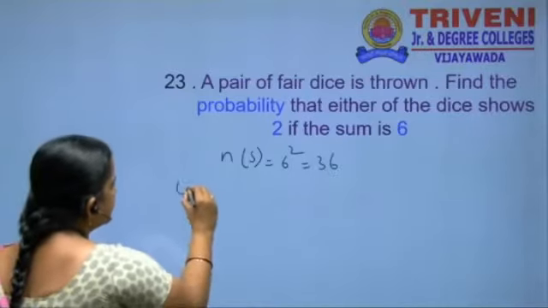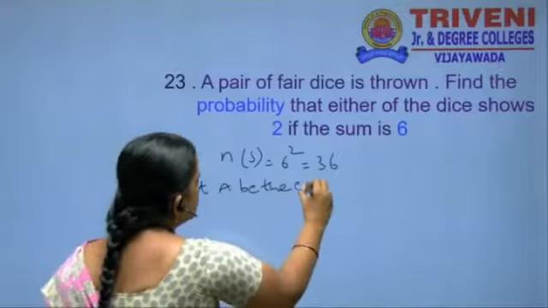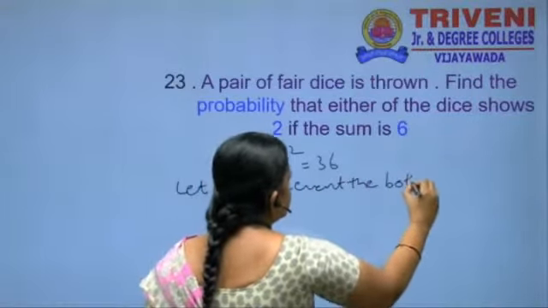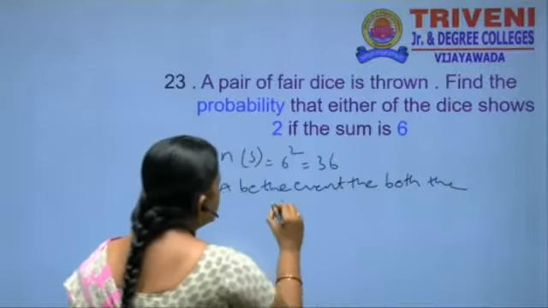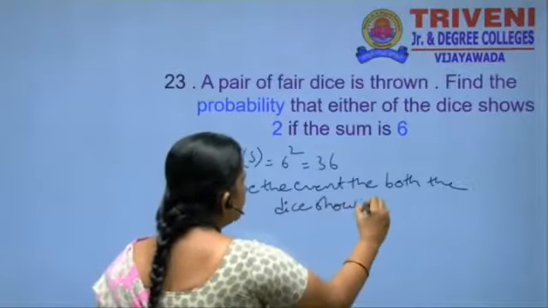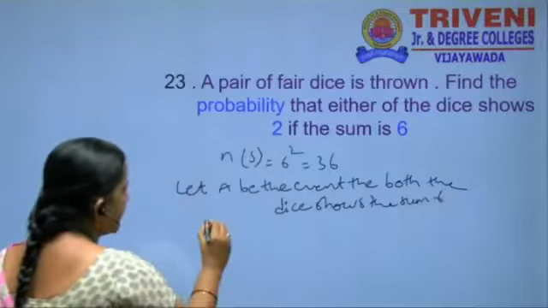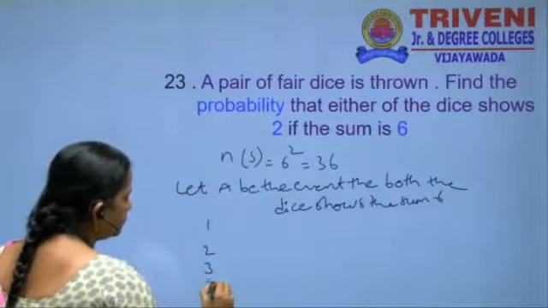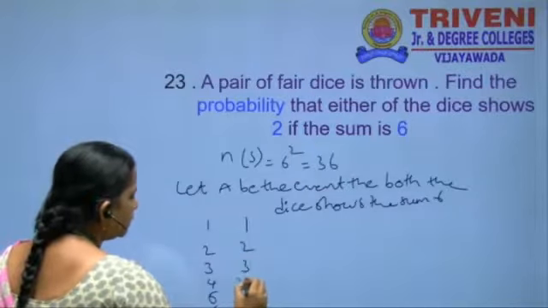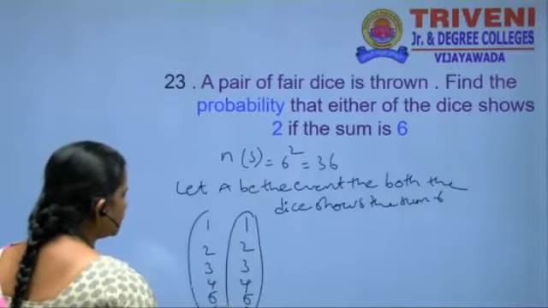Let A be the event that the sum of both dice is 6. That's why I am taking both dice here: 1, 2, 3, 4, 5, 6, and here also 1, 2, 3, 4, 5, 6. We have to add both these dice.